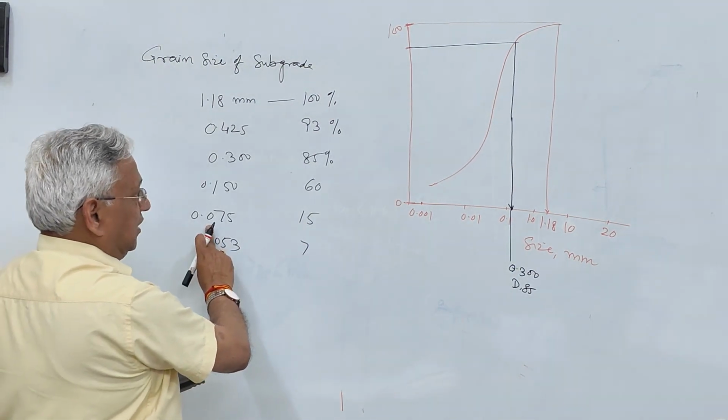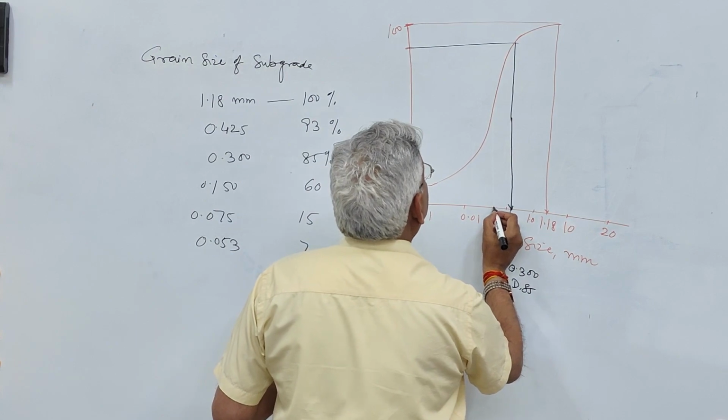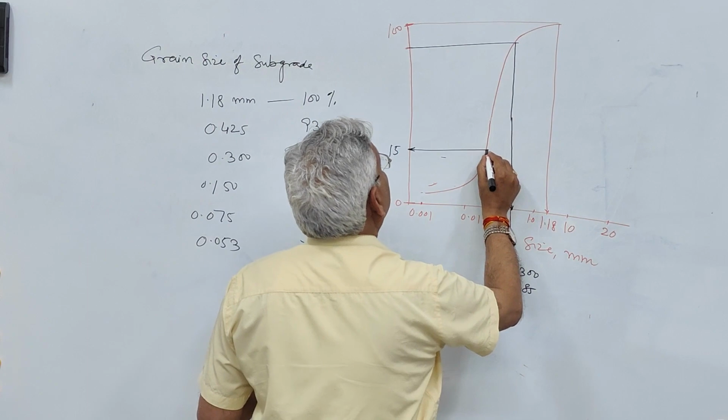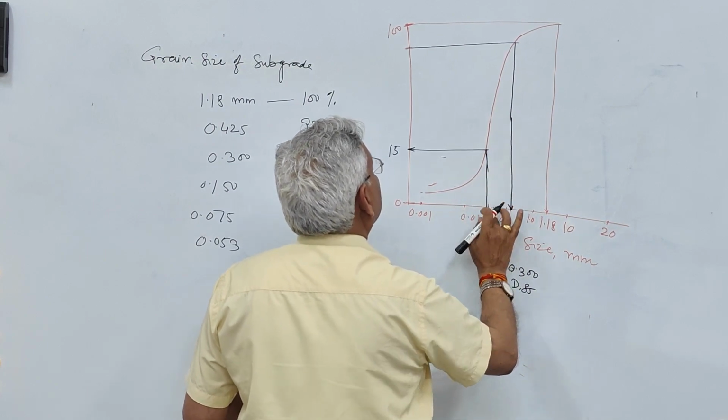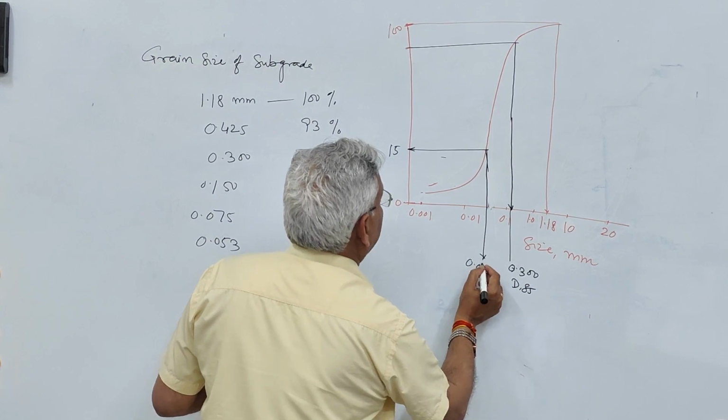D15 is 0.075. This is 0.075, let us say 15%, and this is your size 0.075.